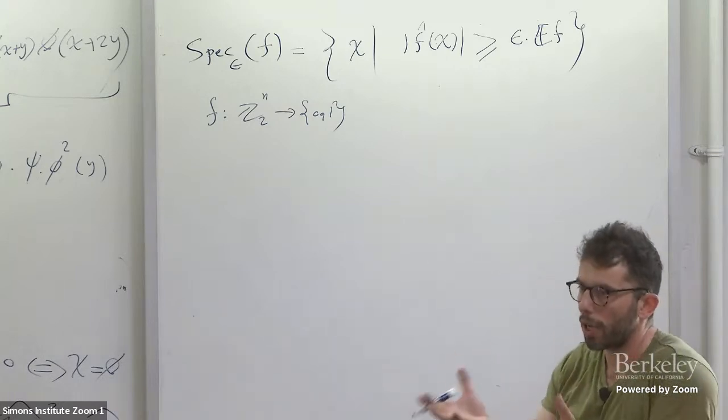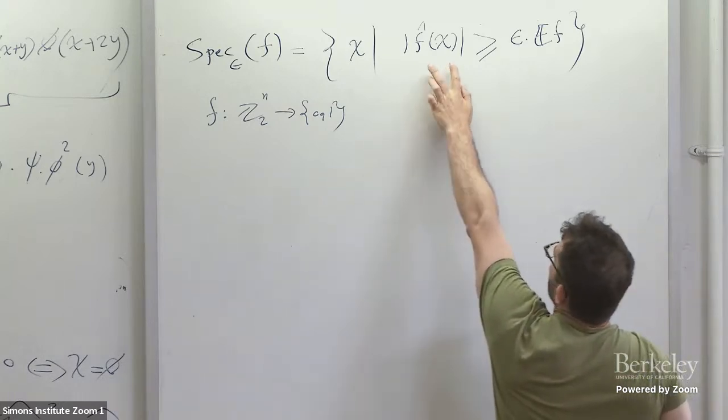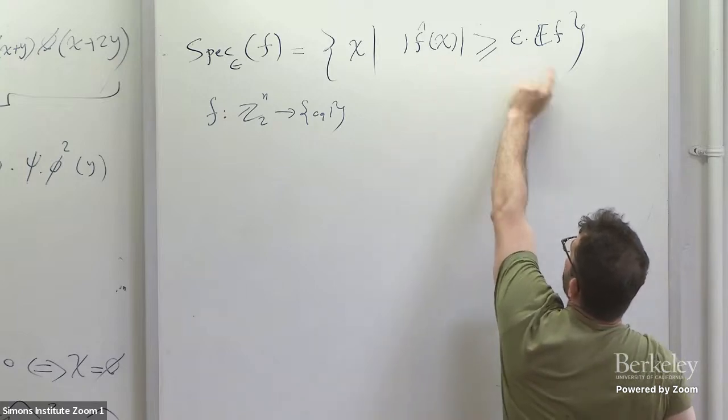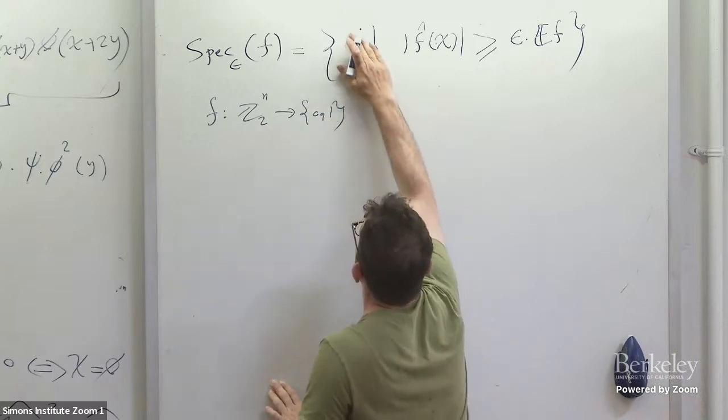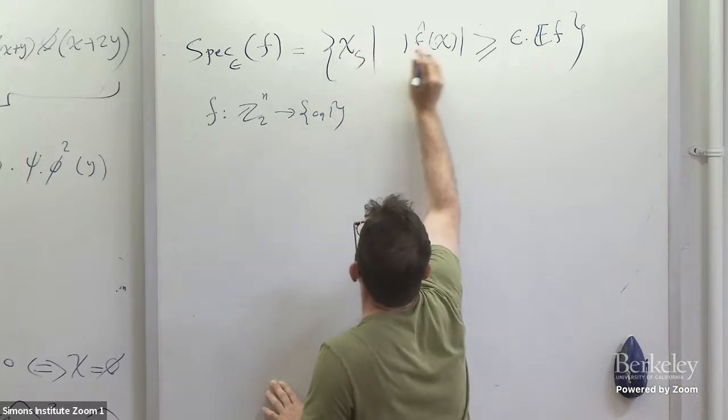So you look at where they are. Those characters where f hat chi is larger than this, because we're doing Z2 to the n. Let me actually use the chi notation.